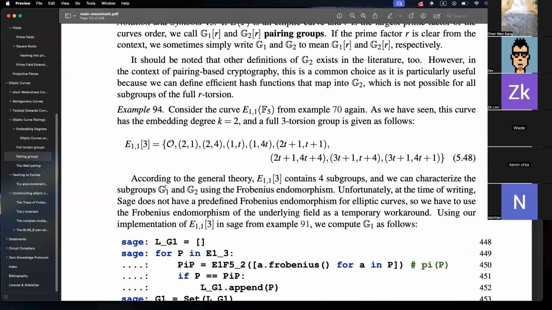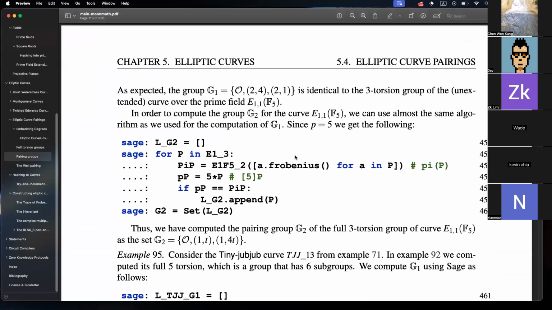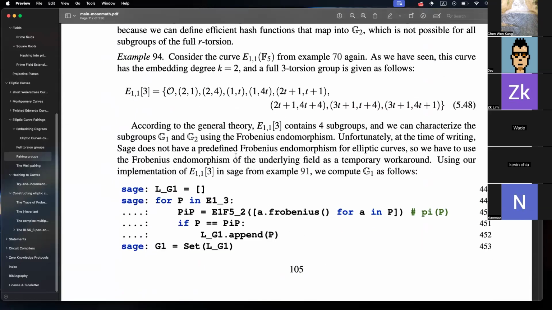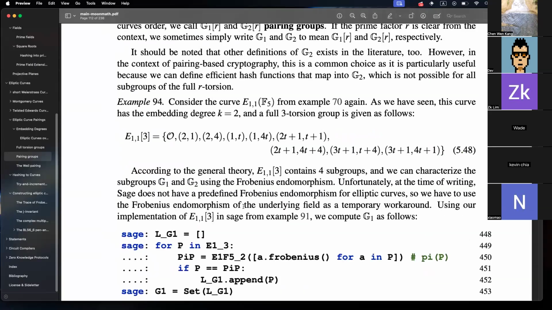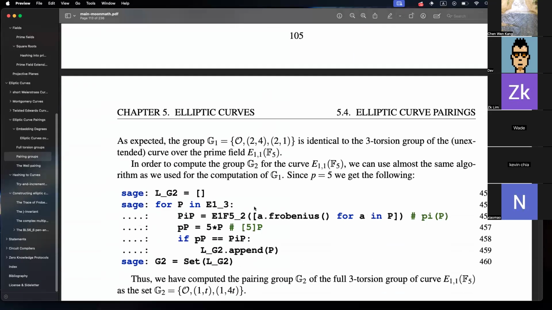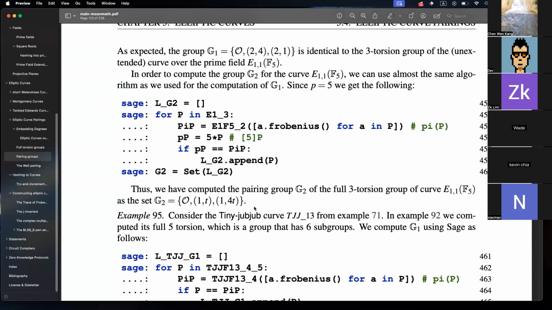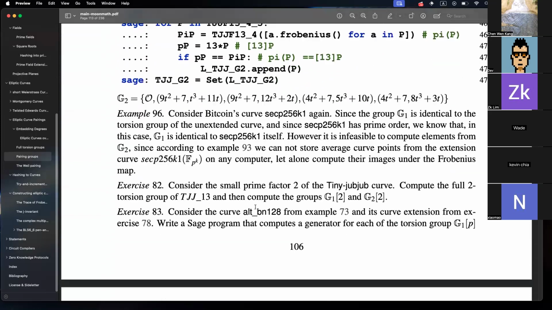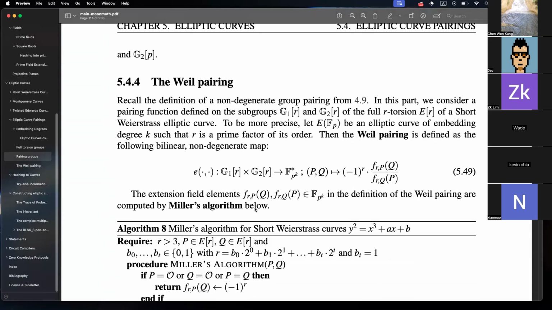Anyways, let's continue. Any questions? Also, this is just choosing G1 and G2 using the Frobenius endomorphism. If you can try to implement this, we'll talk about it next week. Let me just scroll down slowly. Stop me if you have any questions. Okay, that's all about pairing groups, well, pairings.